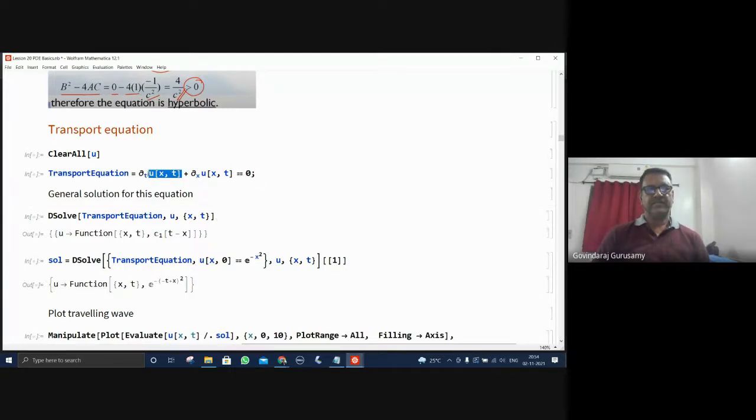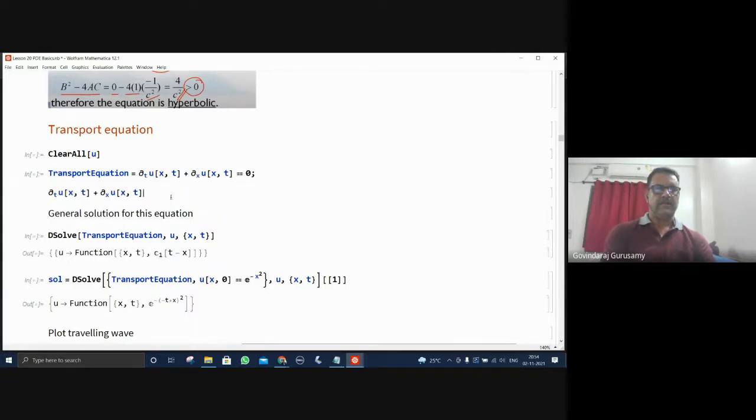This is dou U by dou T, which I have written here, and this is dou U by dou X. For your clarity, I am writing this as the differential with respect to T plus the differential with respect to X. That's the meaning of what I have written there: U subscript T comma X.